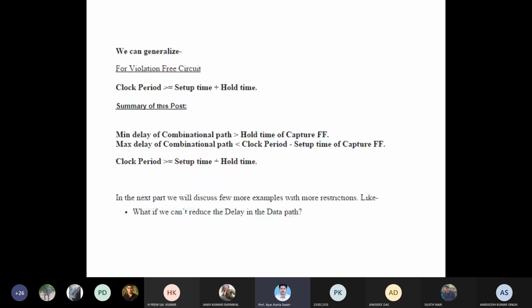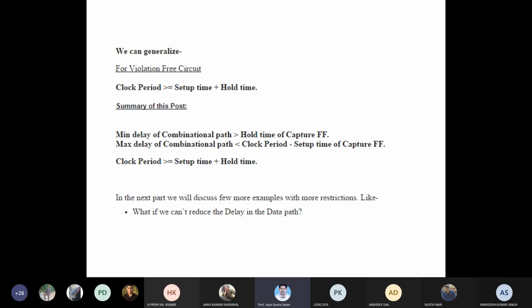Okay, so another conclusion from here is, for a violation free circuit, your clock period must be greater than or equal to setup time plus hold time. And you know the minimum delay of combinational paths must be greater than the hold time of the capture flip-flop, and the maximum delay of the combinational path is less than the clock period minus setup time of the capture flip-flop.